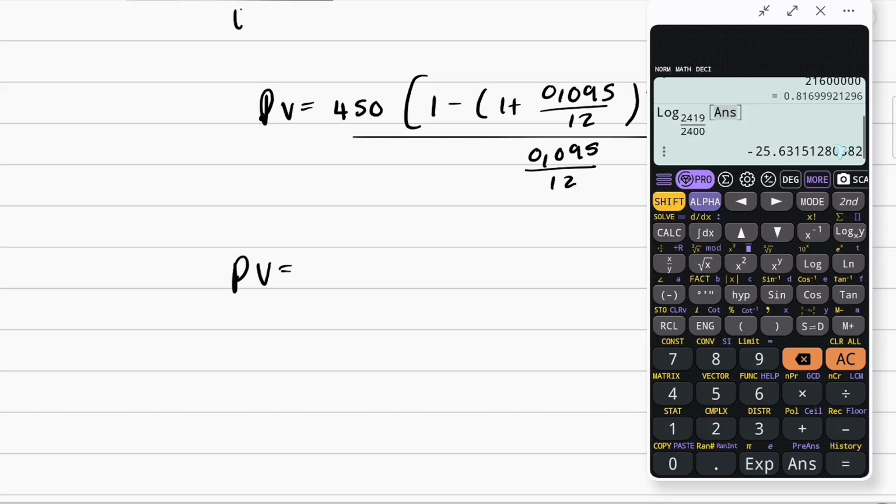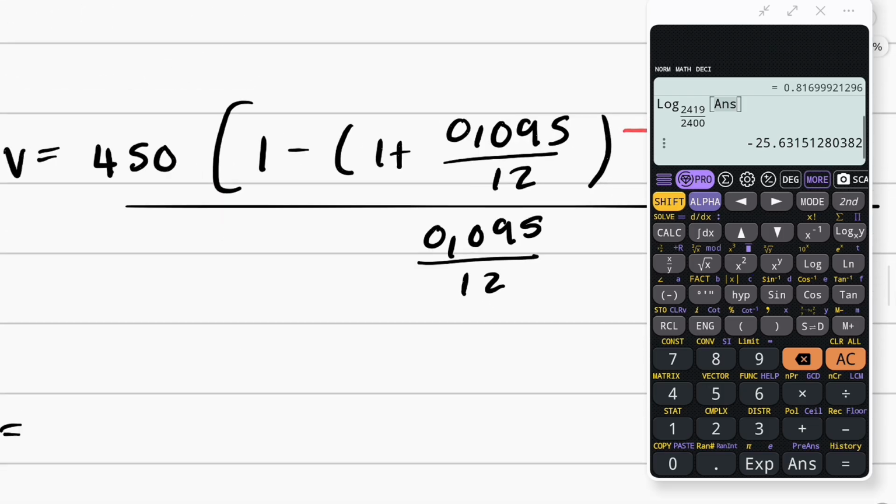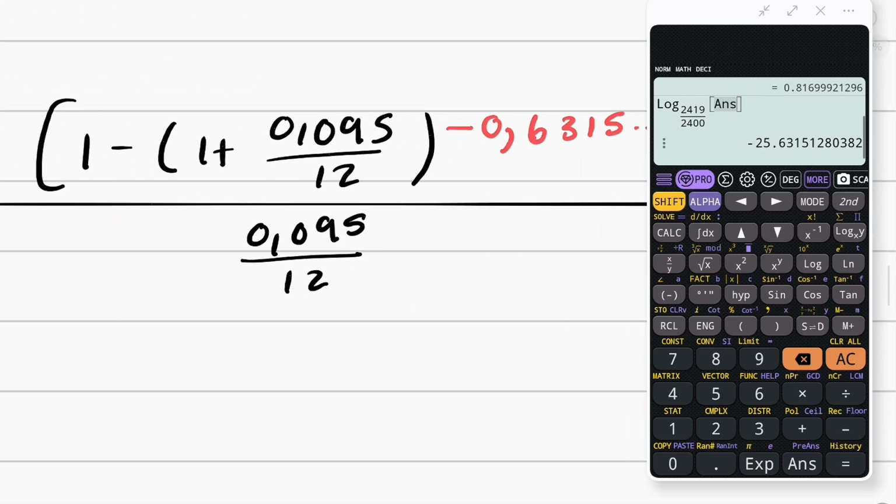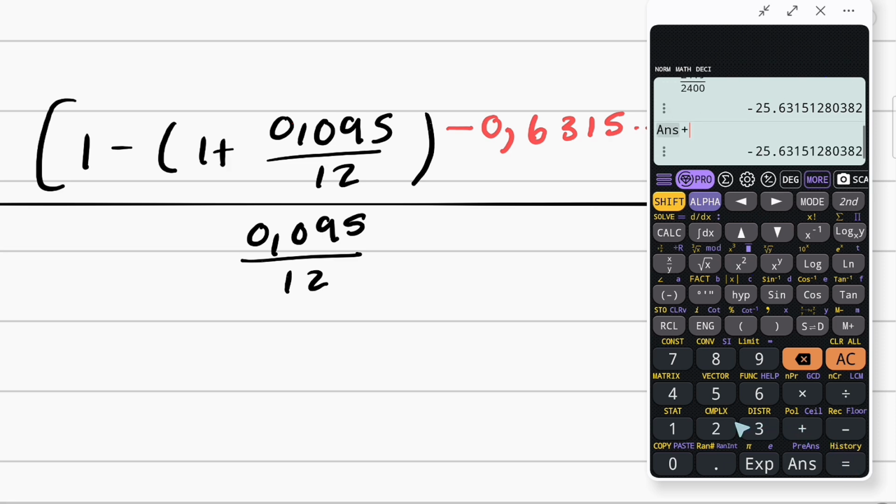Now on your calculator, you need to decide, because you already have this number recorded here. You see that this is negative 25 and this needs to be negative 0.63. So if I simply add 25 to this number, as it is like this, if I just say plus 25, do you see that's the number that we're looking for? So I'm going to use that number.